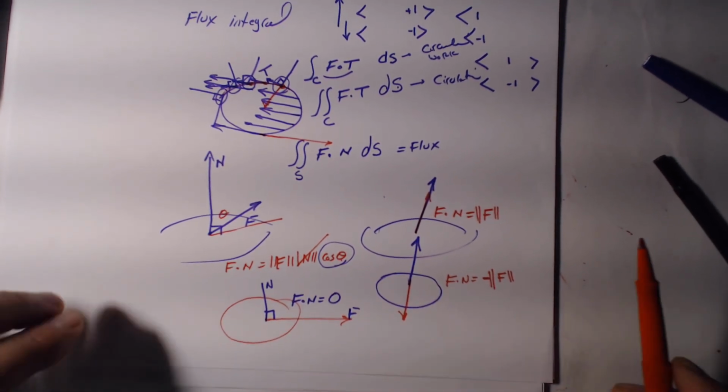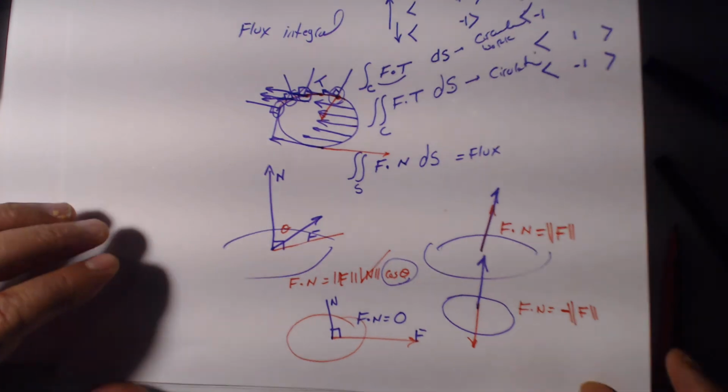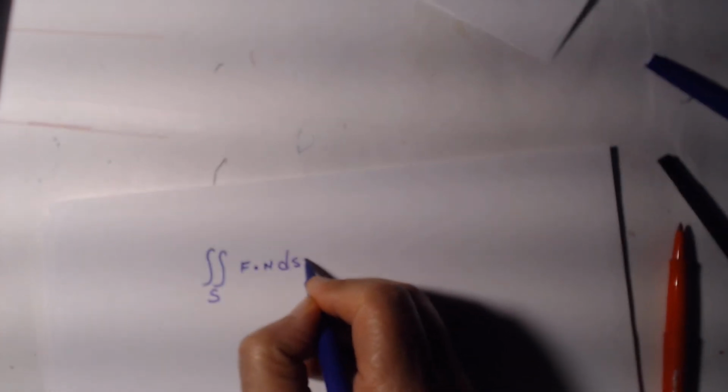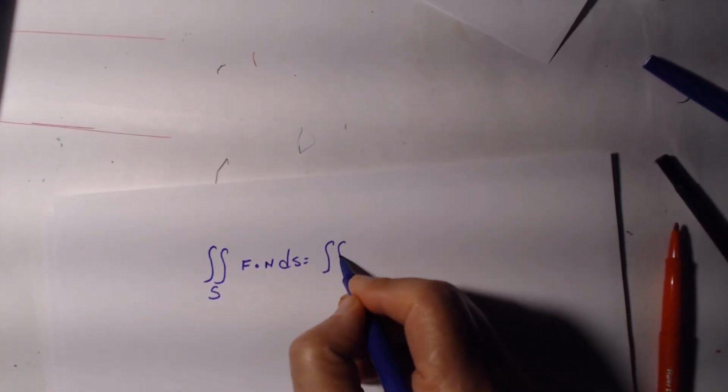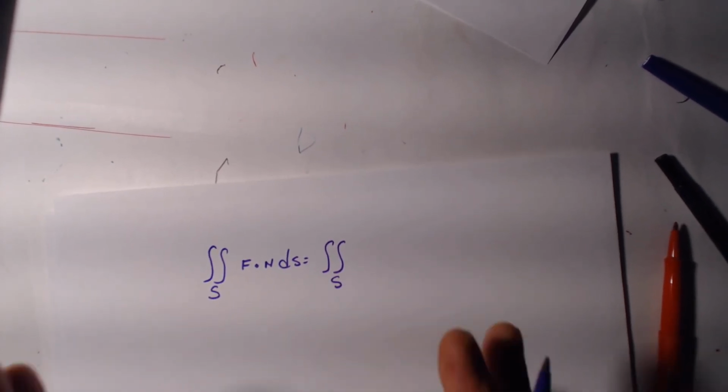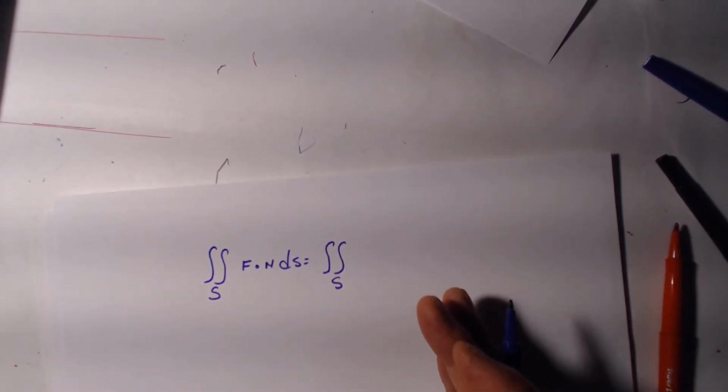Then, remember the previous problem when we talked about the surface integral of a vector field? We're going to write all the formulas. This is your surface integral, F dotted with n dS. In here, what is your normal vector? The normal vector comes from a surface.